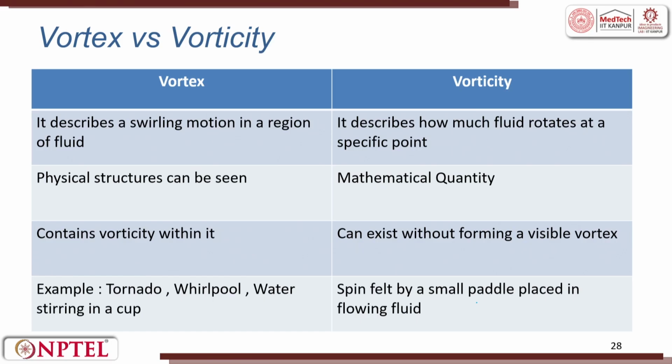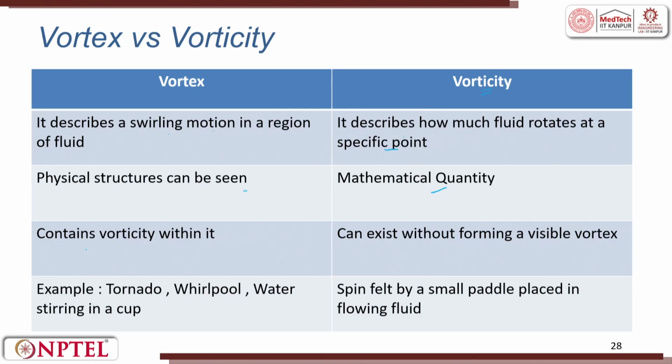Vortex and vorticity, what is the difference? A vortex describes a swirling motion in a region of fluid. Vorticity describes how much the fluid rotates at a specific point. How much the fluid rotates is vorticity. A physical structure that can be seen is a vortex. Vorticity is a mathematical quantity only.